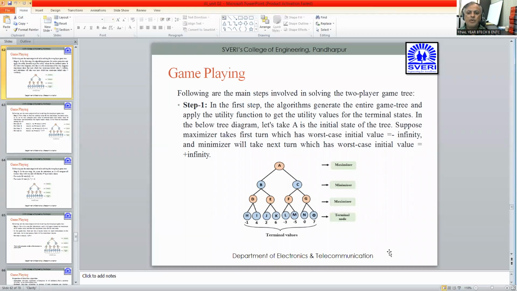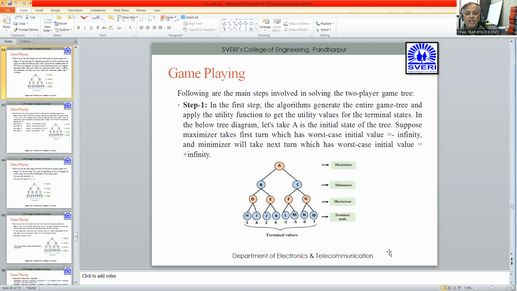Now, how is this going to work out? In the first step, the algorithm generates the entire game tree and applies the utility function to get the utility values for the terminal states. In the below tree diagram, let's take A as the initial state of the tree. Suppose the maximizer takes the first turn, which has the worst case initial value of -infinity.